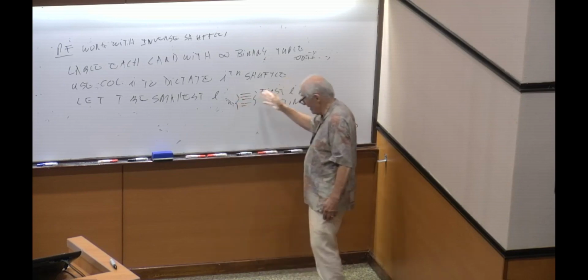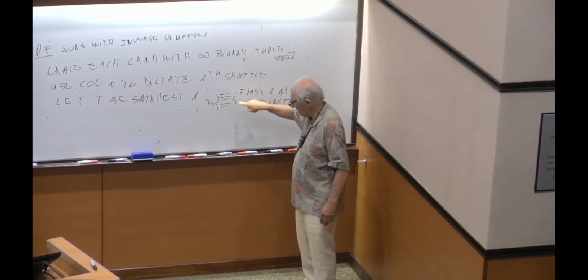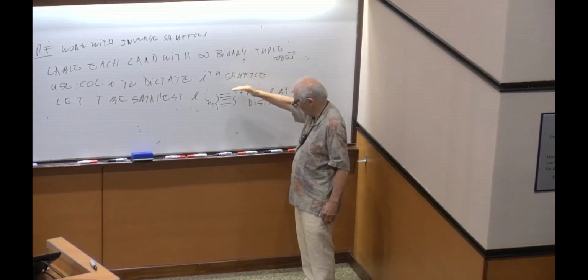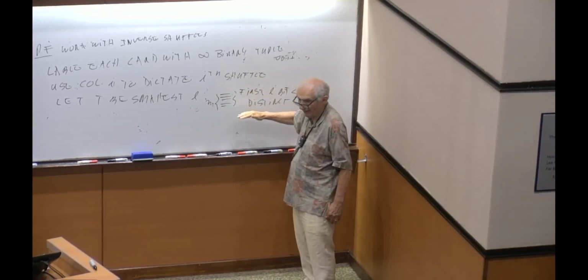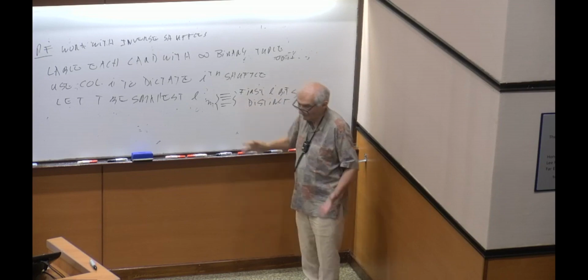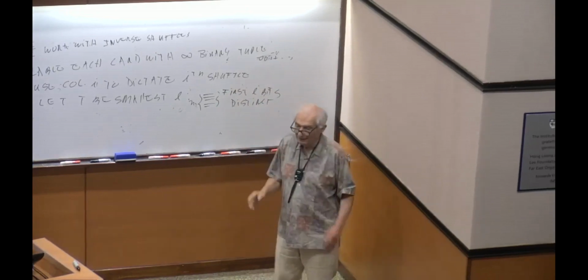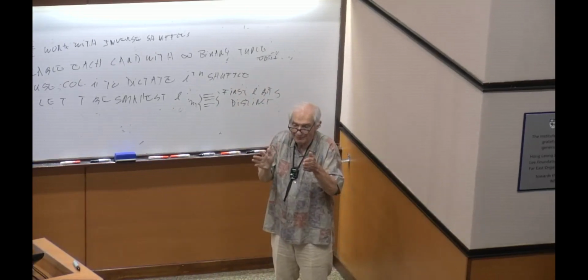Of course, eventually, since these are independent coin tosses, they'll become distinct when all of these binary L tuples are distinct. Yes, of course, with probability 1. Let T be the first time that happens.